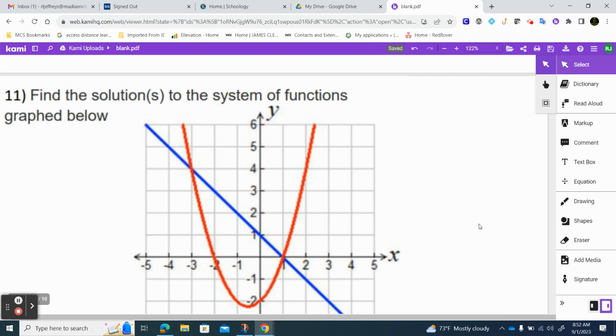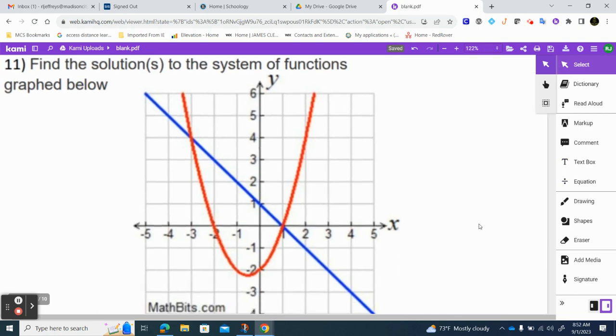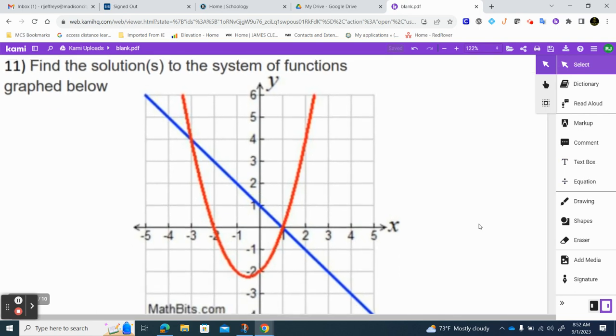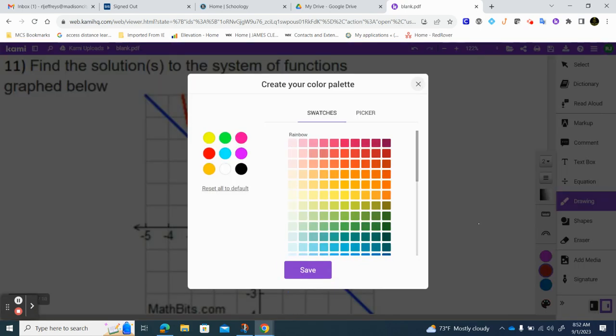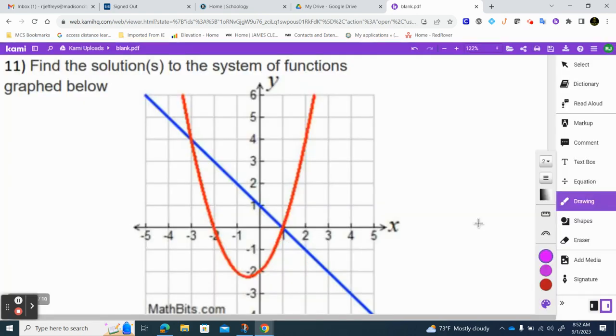All right. So find the solutions of the system below. This is where they intersect. On the screen it was in color, but the print is not in color. We're seeing where the red and the blue touch.